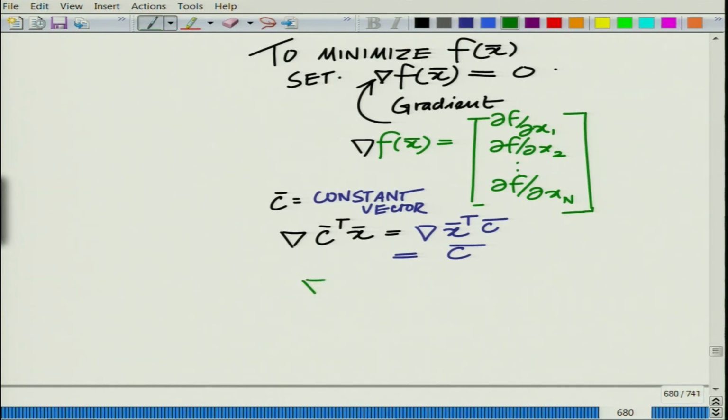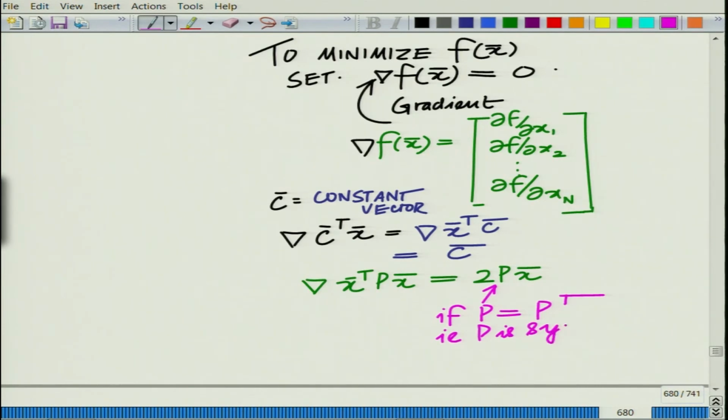Further, if you have a symmetric matrix, gradient of x bar transpose P x bar is equal to twice P x bar, but remember this holds only if P equals P transpose, that is P is a symmetric matrix.